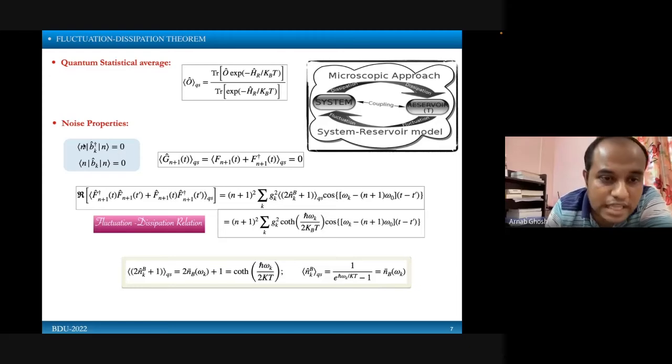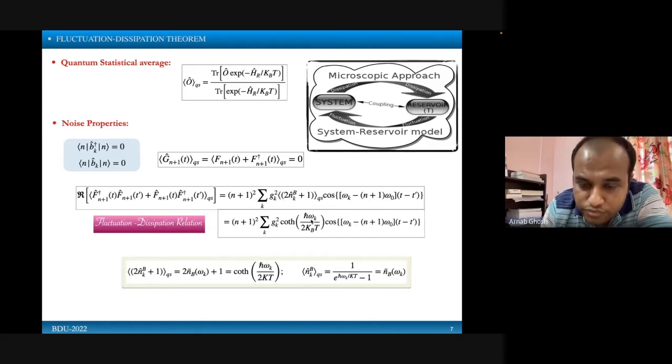So if you take the average with respect to the Fock state, the number state basis, then it is identically 0. On the other hand, if you calculate their symmetric ordered correlations, then it turns out to be this.